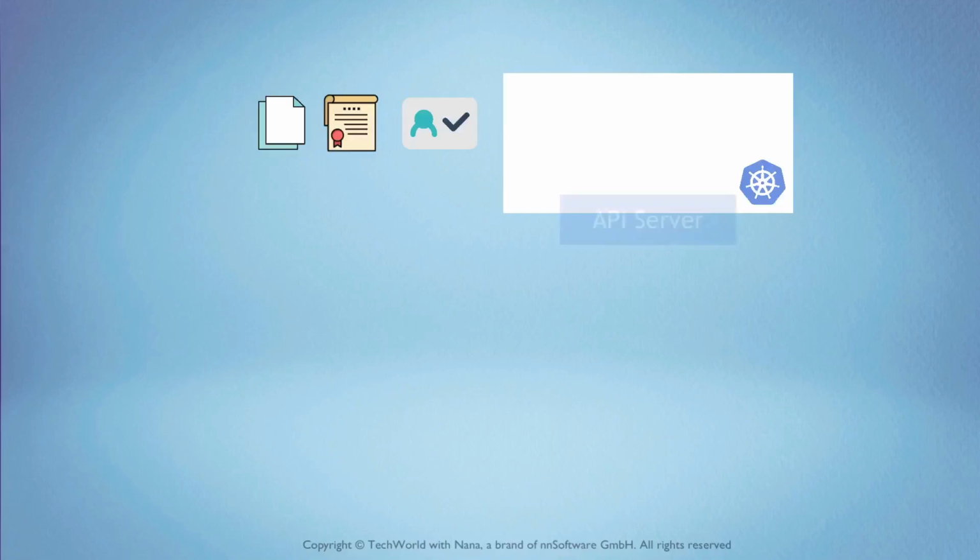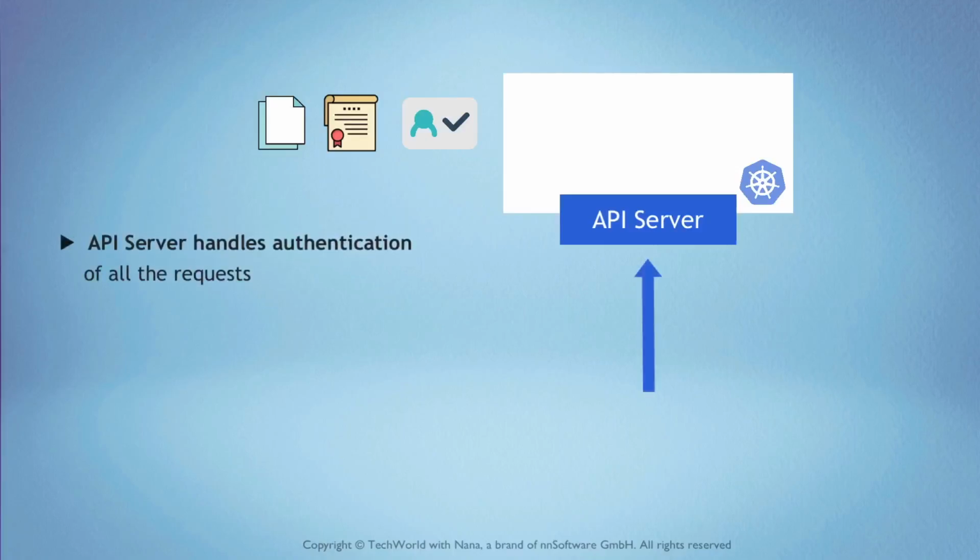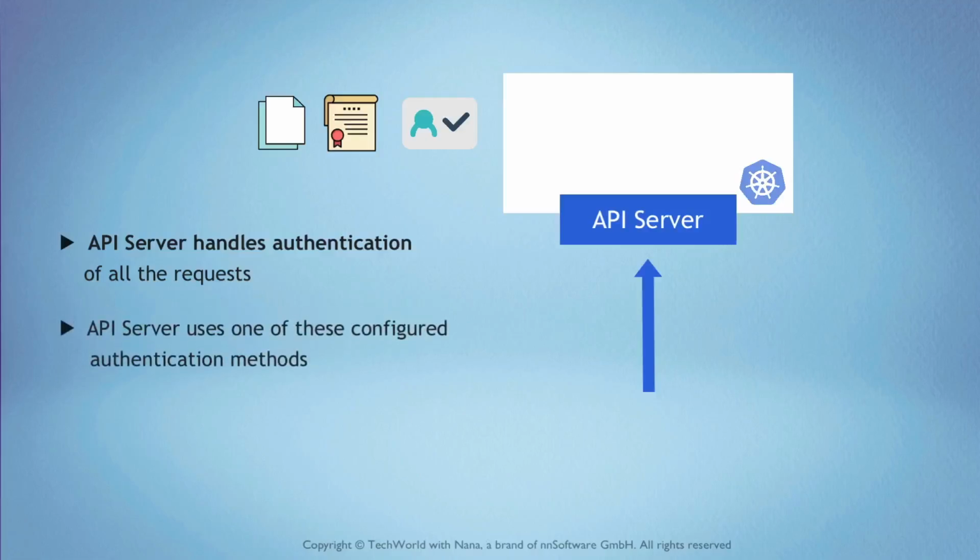And then API server, which is one of the control plane components of Kubernetes, and which is the one handling authentication of all the requests coming in Kubernetes cluster, will try to authenticate any user that is trying to connect to the cluster using one of these configured sources.